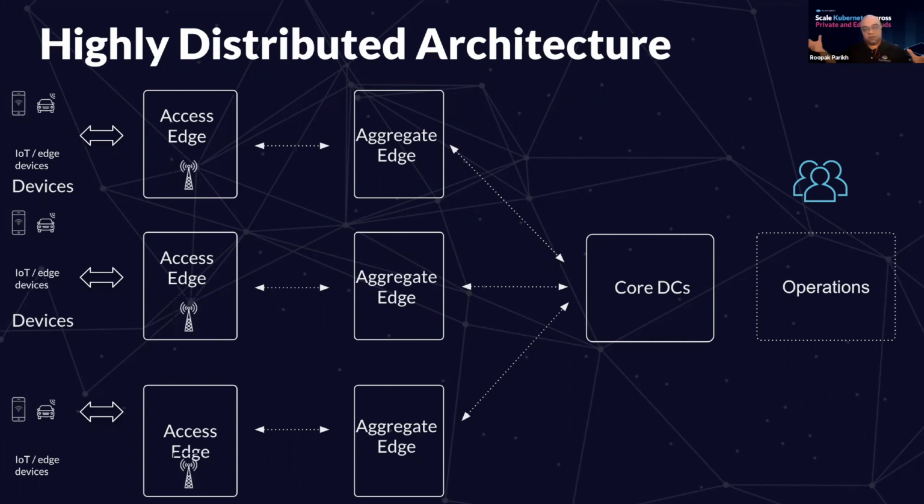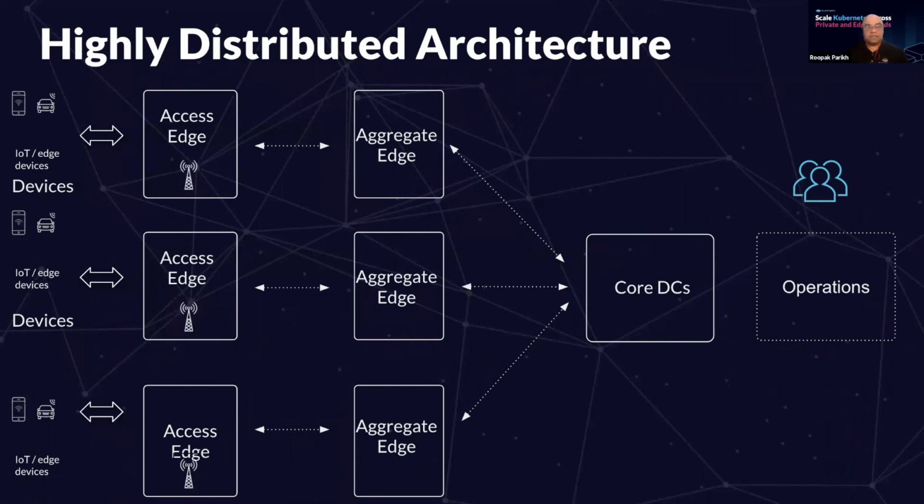So the core data center is where, most of the time, the brain lives, and a lot of the billing and some of the other enterprise systems also live. There's another component. Some of these core data center components can actually sometimes run in clouds as well.